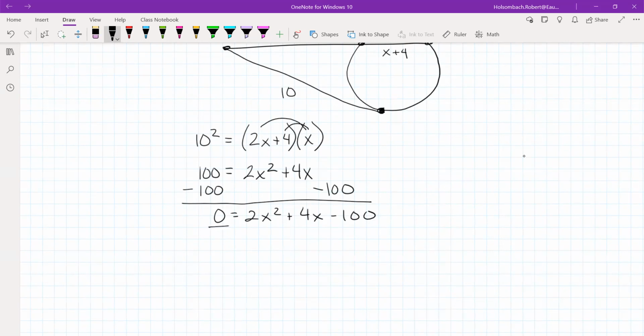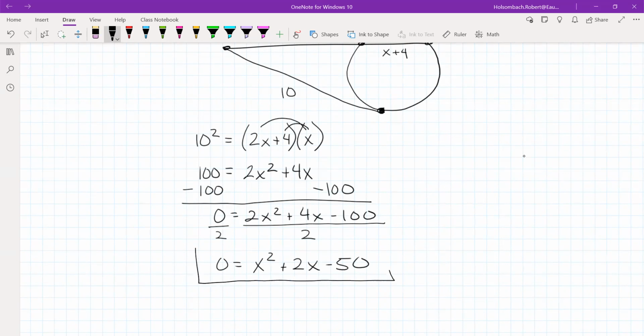If you divide both sides by 2, 0 divided by 2 is 0, and it's equal to x squared plus 2x minus 50. And leave it in that form. And like I said, we'll be working with solving these trinomials tomorrow and early next week.